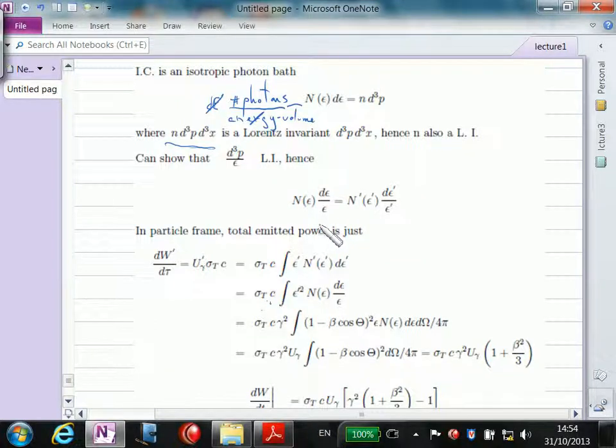Actually, I'm lost here. So the point is the energy density.